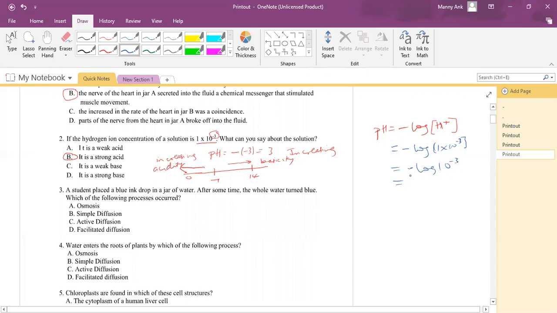This comes down, becomes negative of -3 log of 10. You can always bring the exponent in front of the log. That's called a power rule.